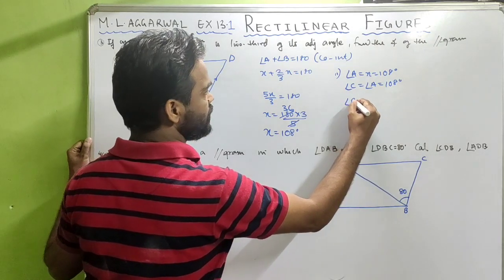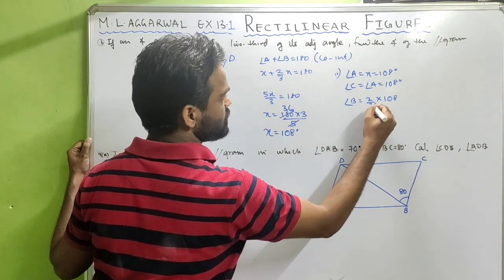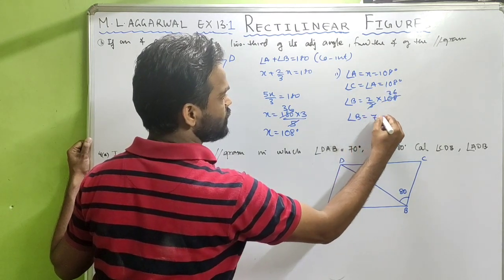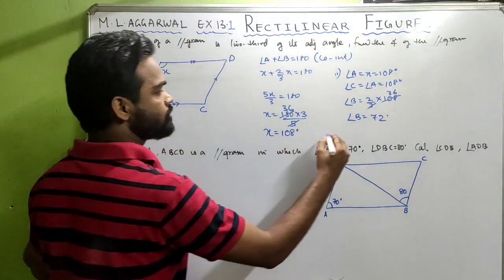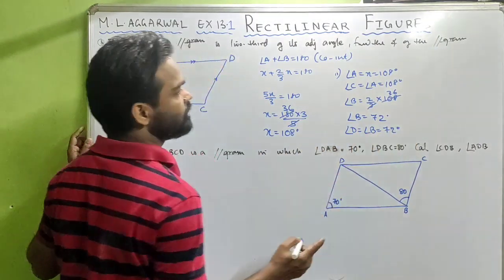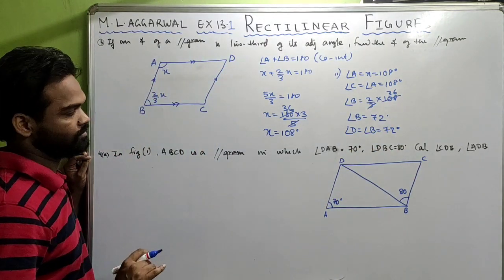Now angle B is 2/3 of x, which is 2/3 of 108, which means angle B is 72 degrees, and angle D will also be the same, so angle D is equal to angle B, which is 72 degrees. Remember, in a parallelogram, the opposite angles are equal to each other.